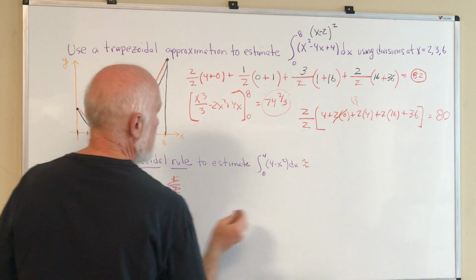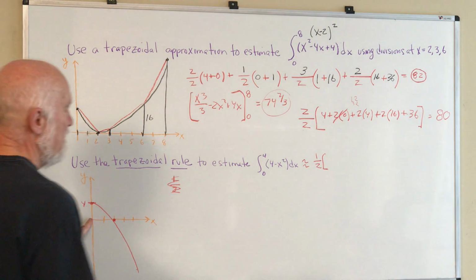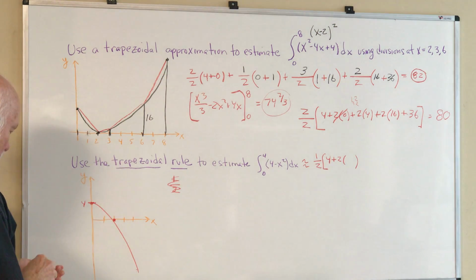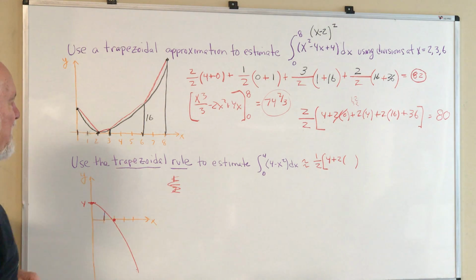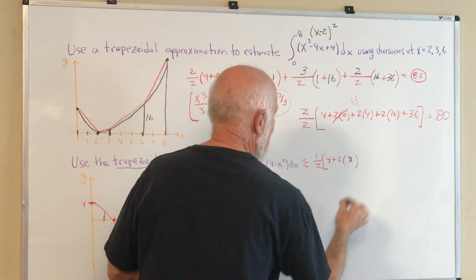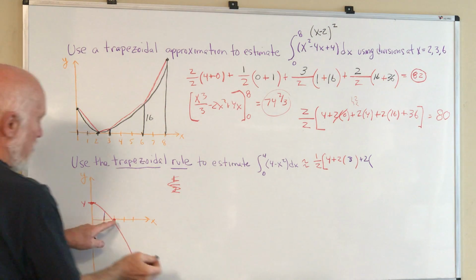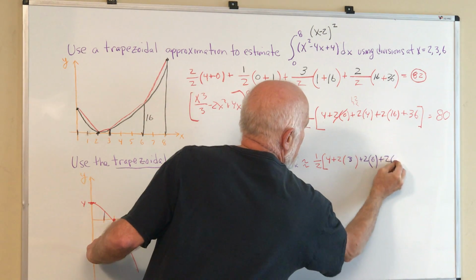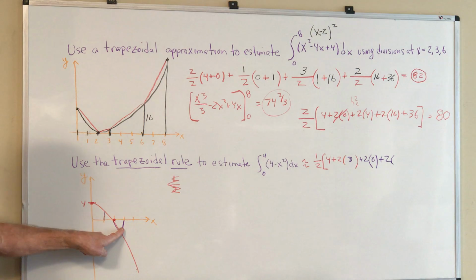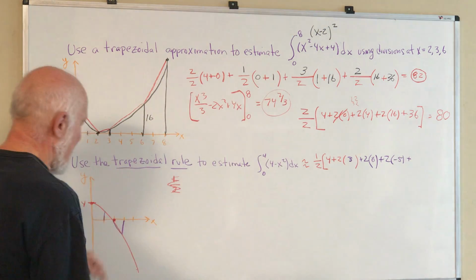It is approximately equal to h over 2. And what is the first side going to be? The first side is going to be 4. Then 2 times the next side. Well, the second side, if you plug 1 into here, you get 3. So 3. And then you have 2 times the next side, but the next side is going to be 0. 2 times the next side, and when you plug in 3, you get negative 5, and then only 1 of the last side.